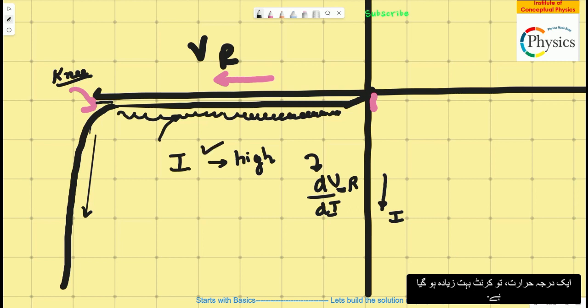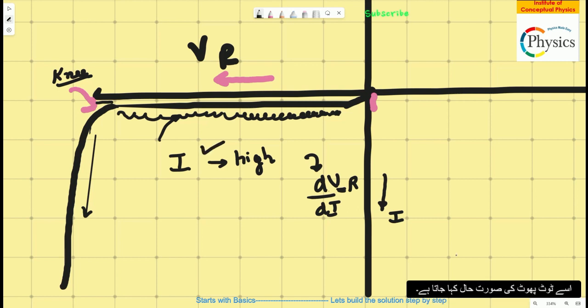So the current has become very high. This is called the situation of the breakdown. The knee point after which you see the value of the current rising is the breakdown region. So if this is the region where the diode is operating, we will call it the breakdown region.